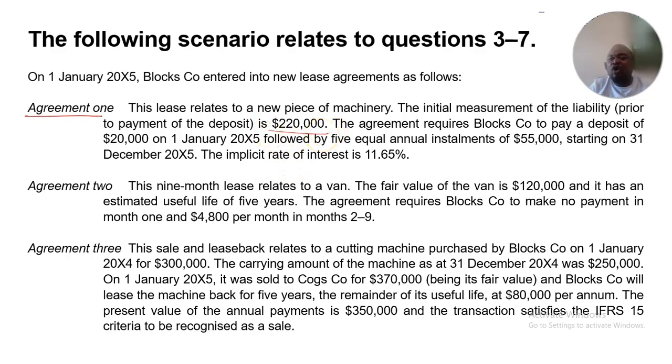The agreement requires Block Co. to pay a deposit of 20,000 on 1 January 2025, followed by 5 equal installments of $55,000 starting on 31st December 2025. The implicit rate of interest is 11.65%.